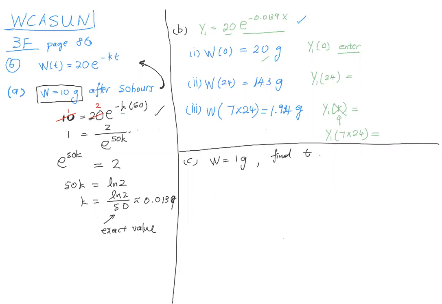Find t. So I have to go back to the equation again. I put 20 e to the power negative 0.0139 t is equal to 1. You can solve this manually, or you can use your solver. Can you take some time to solve it?